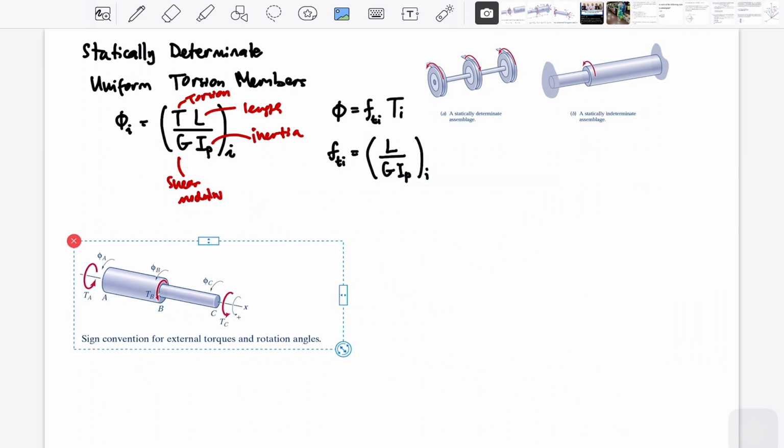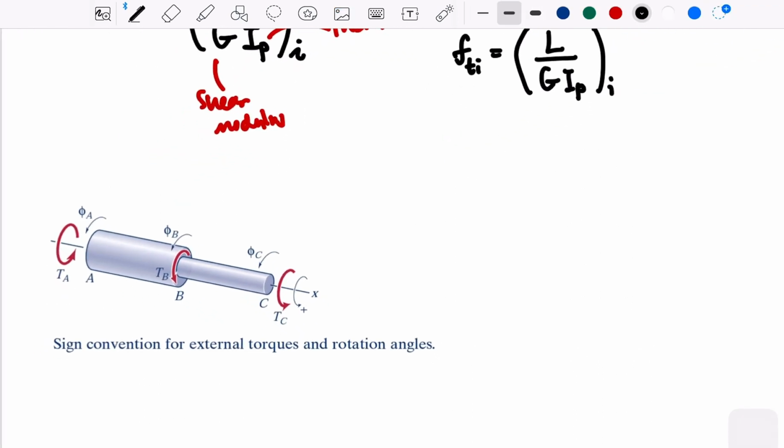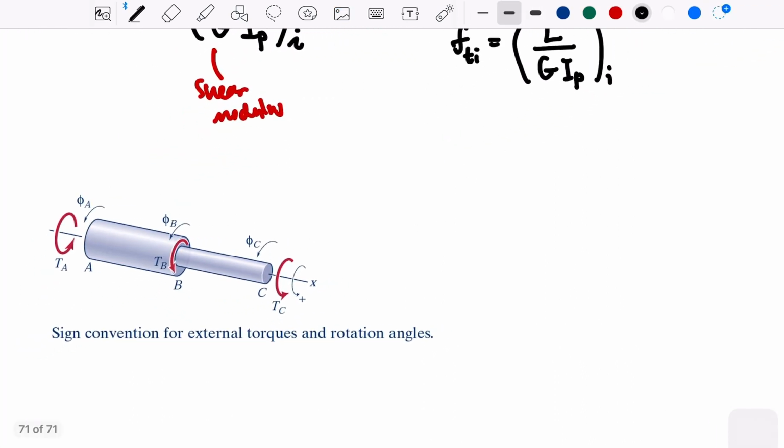So we start from the sign convention. As usual, the sign convention at the end of the day can be up to you. You can take clockwise or counterclockwise to make it positive, as long as you are consistent in your calculations. But for now, let's take this sign convention as positive, if you see the picture.